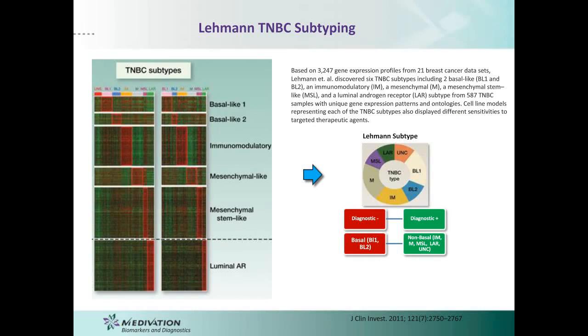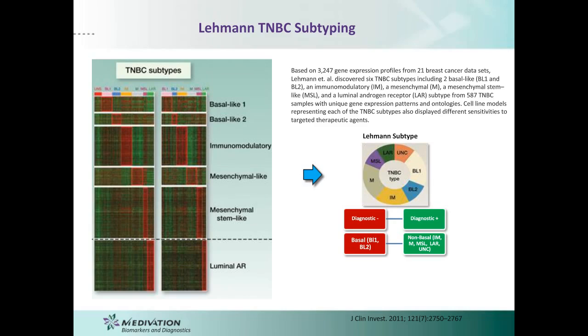Another technique that's out there for classifying triple-negative breast cancer I alluded to earlier was from this Lehmann paper. This was in JCI back in 2011. And in this paper, they nicely demonstrate that subtypes of triple-negative breast cancer can be reproducibly identified.